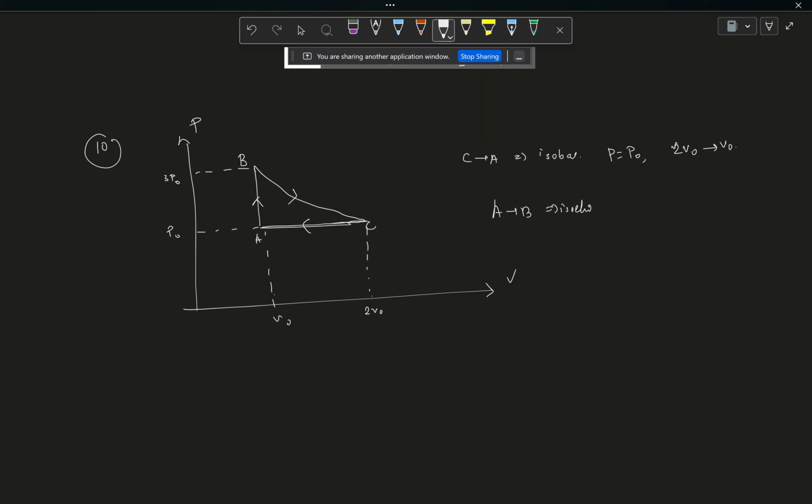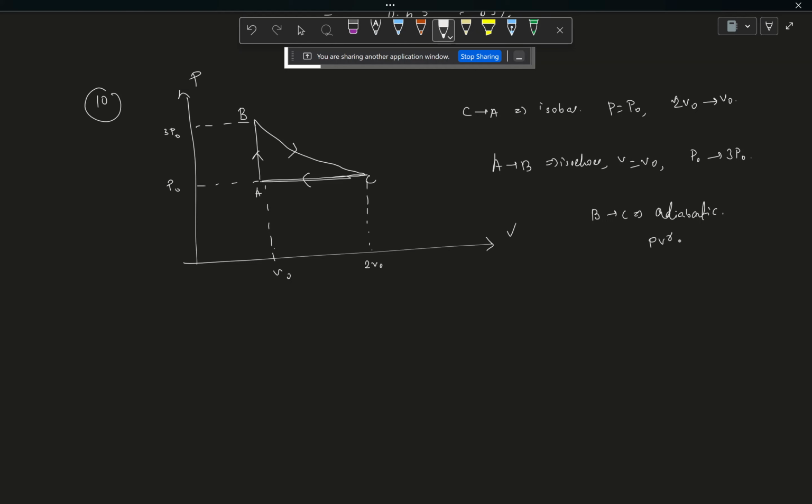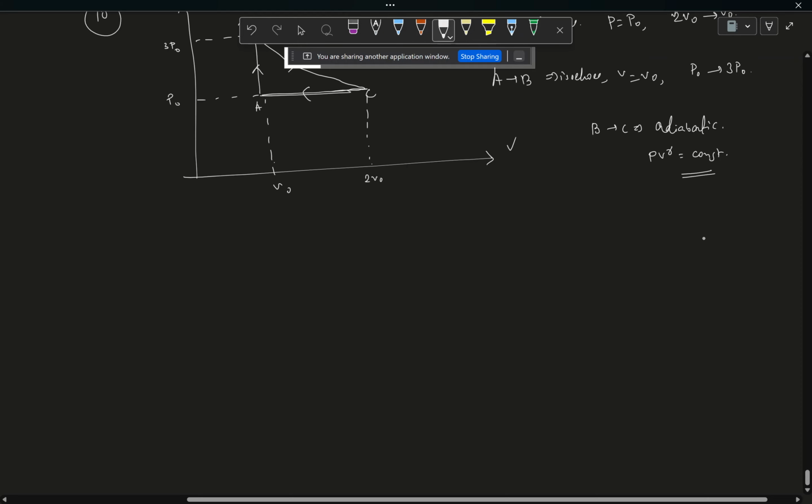So this is the isochore, and the volume is fixed at V0, and the pressure is changing from P0 to 3P0, right? Finally, B to C is an adiabatic process, that is already marked in the question itself, and the formula here will be PV to the power gamma equals constant, right?